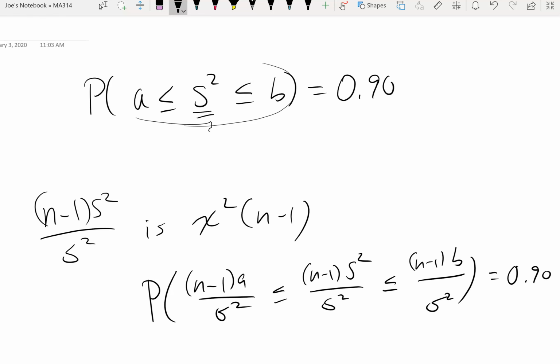Because you'll know that 24A over the variance will have to equal that left number, and 24B over the variance will have to equal the right number. And so you solve for A and B. You're going to set it equal to that number that you get and solve for A and B. You don't want to plug them in for A and B.